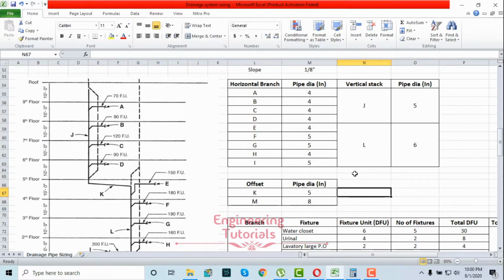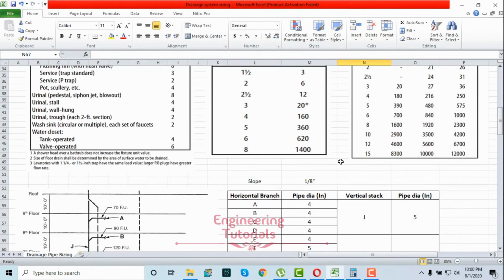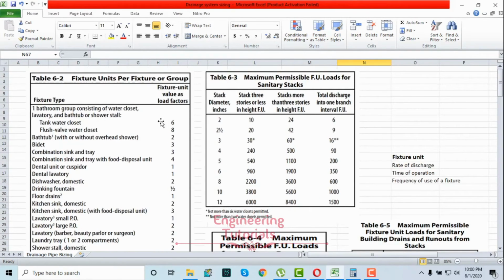So this is how you can calculate your drainage pipe size by using the tables from ASPE, American Society of Plumbing Engineers, IPC and UPC, that is Uniform Plumbing Code. But again, I have to tell you one thing, that you have to follow the local codes of your area. For example, if you are working in India, you have to get the values from the local authorities.